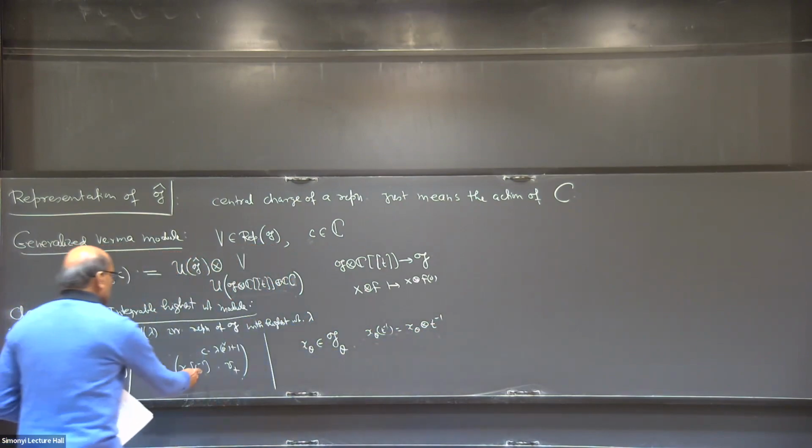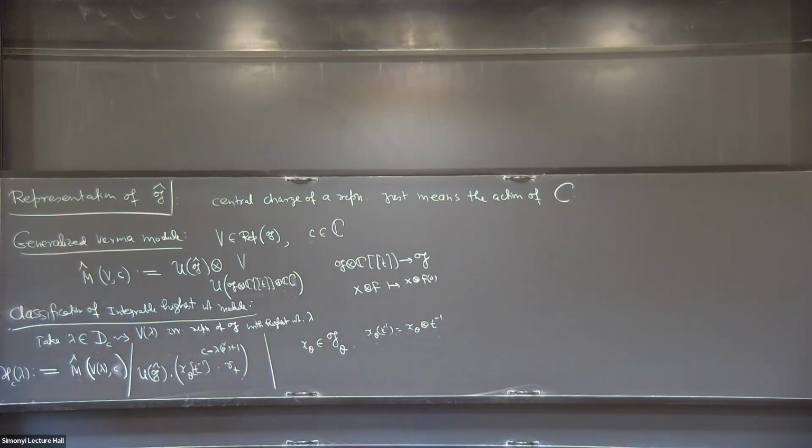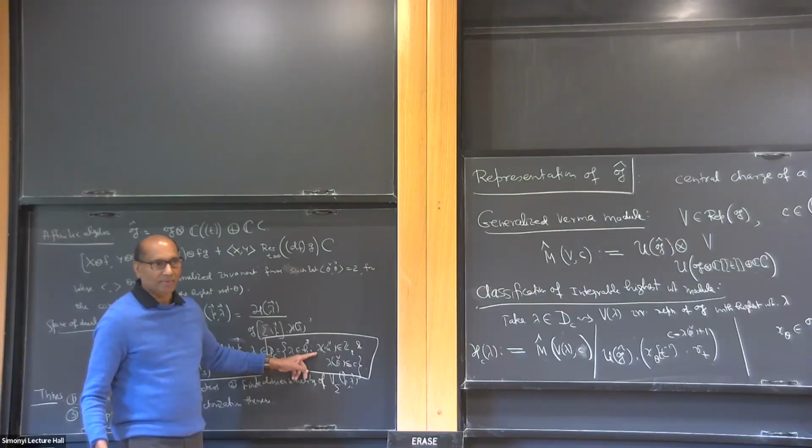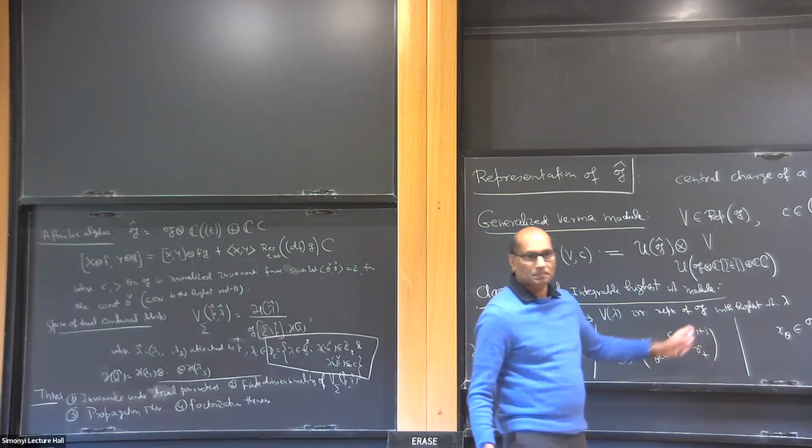And then I am raising it to the power C minus lambda theta check plus 1. Now you will see why this C is bigger than or equal to lambda theta check. So that becomes a positive integer.